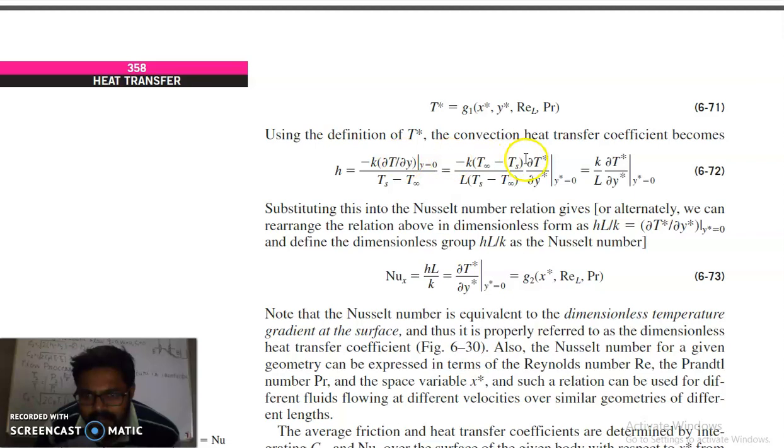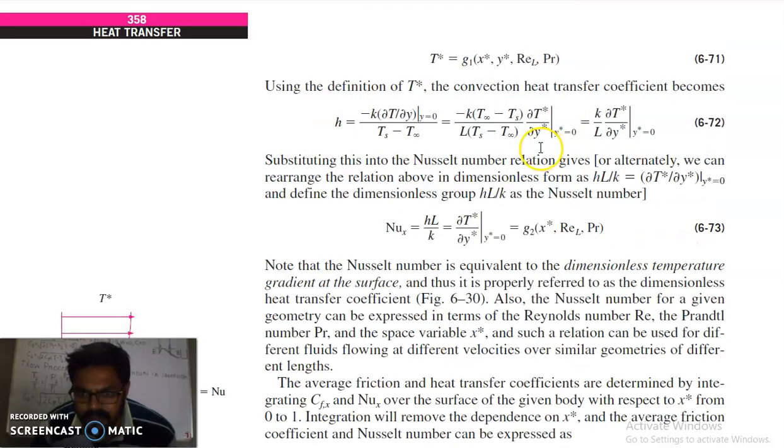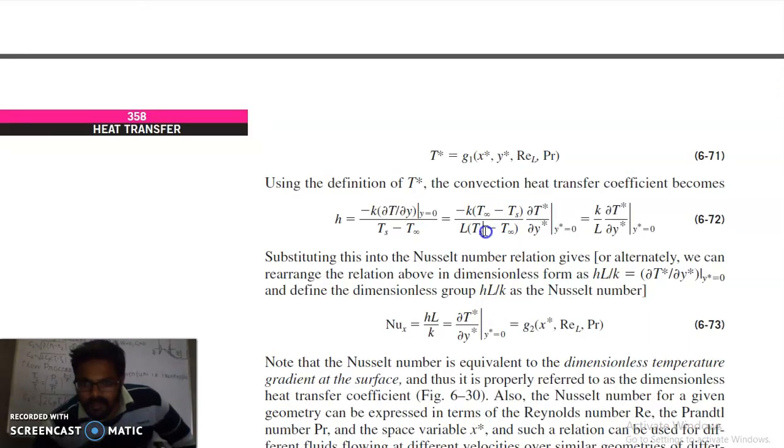So when you replace this T with T star, you will get this here. So this is the relation between the dimensionless parameters and these actual parameters. And when you replace y star, you will get L here. So this T infinity, because y is 0, these two terms are cancelled out and you will get this equation here.